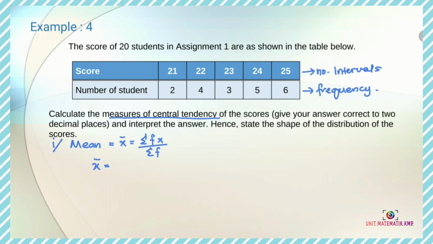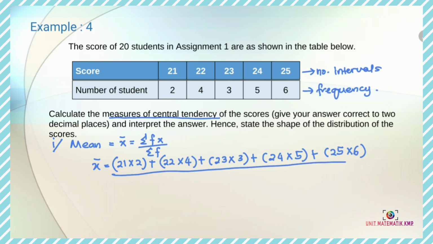So the total of fx is 21 times 2 plus 22 times 4 plus 23 times 3 plus 24 times 5, and the last one is 25 times 6.